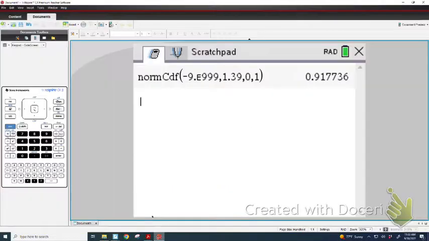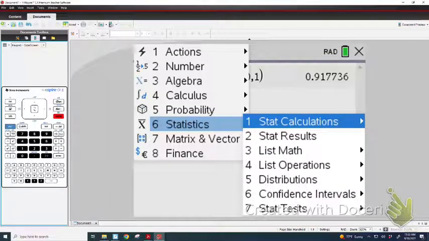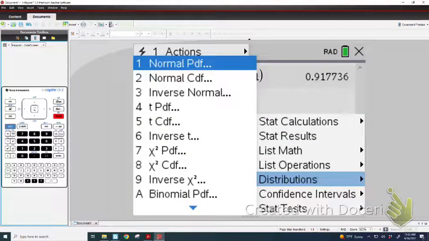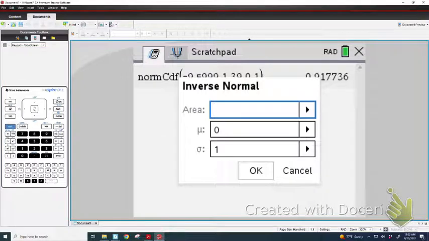So on the calculator, menu, stats, distributions, inverse normal. If you're holding an 84 calculator, you want to press second vars, and you see a screen just like this. And I think yours is abbreviated. It says like INV norm. Same idea though. Asks you the same questions.